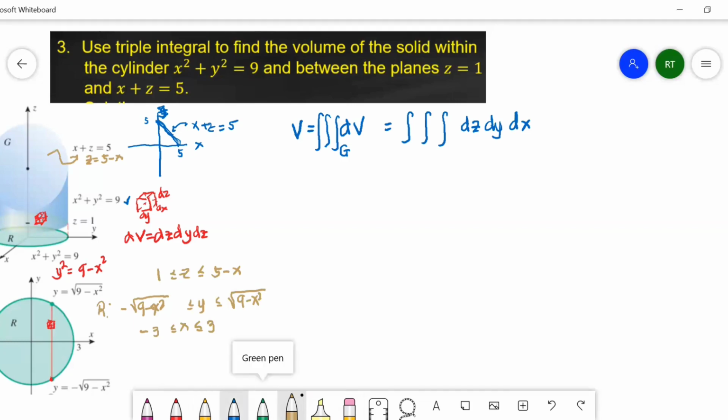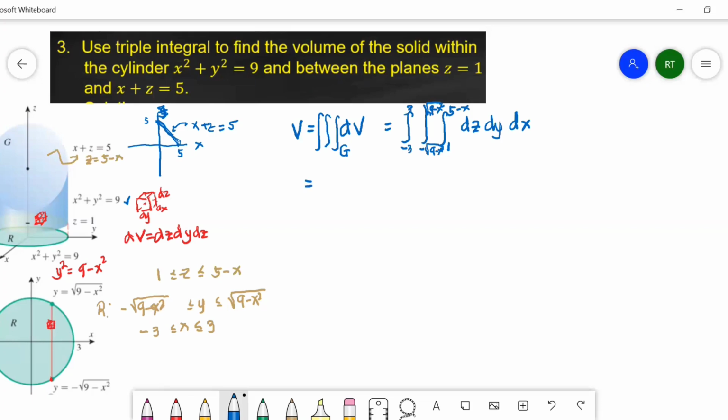So we can now write the limits of integration. z will go from 1 to 5 minus x. y goes from negative square root of 9 minus x squared to positive square root of 9 minus x squared. And x will go from negative 3 to 3.